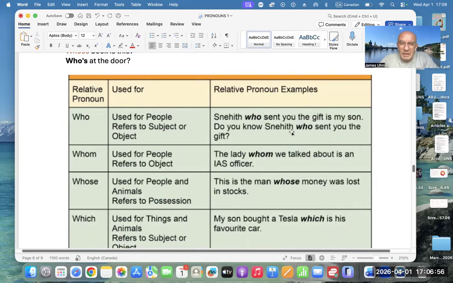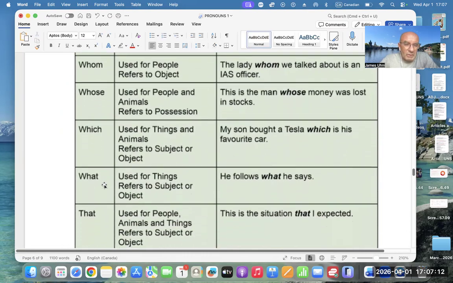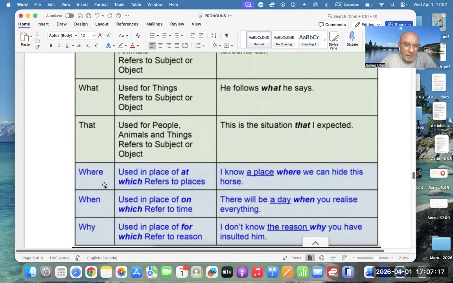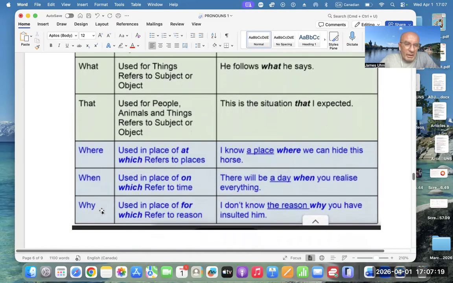Relative pronoun examples: Do you know Senit who sent you the gift? Whom? The lady whom we talk about is an IAS officer. Whose? Which? What? That. Now we have a problem. Where? When? Why?